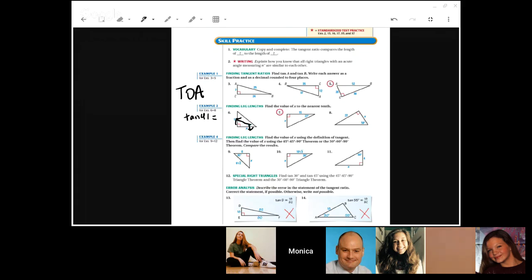All right, so it's going to be tan 41 equals, I think that's 12 over x. And then you're going to solve for x. Same thing for number 8.